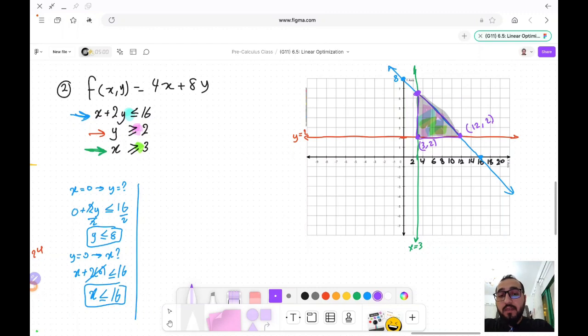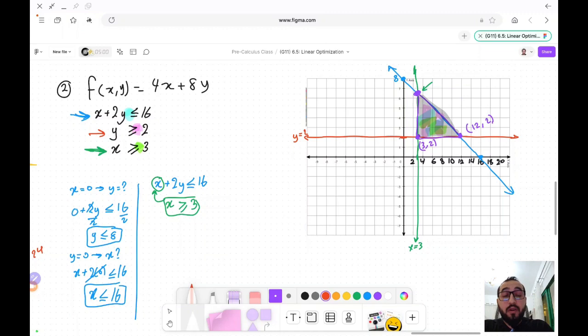As you can see, the blue function is x plus 2y less than or equal to 16. The green one is saying x is greater than 3. So now, can I substitute the x in my function here, and if I substitute it and find the y, will this be my solution here? Yes.